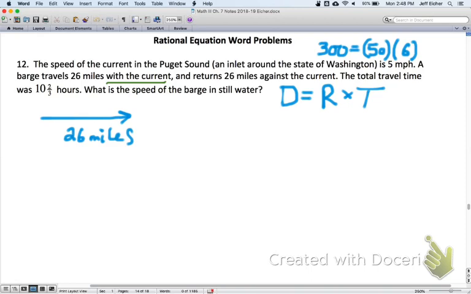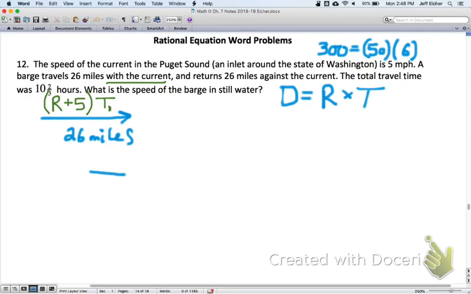So we don't know the speed of the barge in still water, but let's just call that R for the rate. So you have the rate of the barge plus 5 miles per hour, times the time it takes, I'll just call that T subscript 1, the time it takes to go 26 miles.